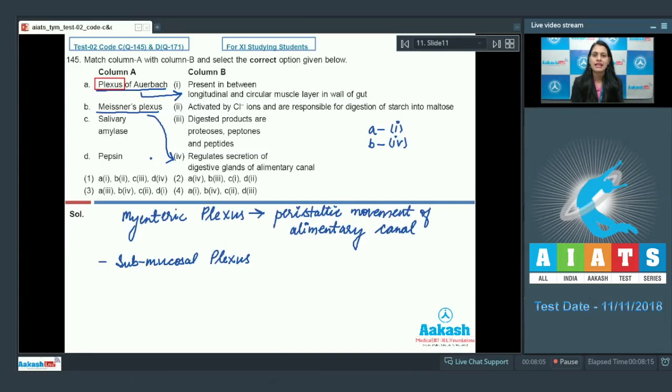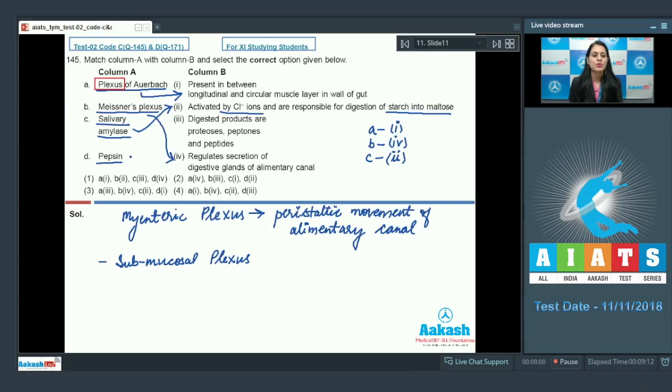The next option given in column A is salivary amylase. Amylase is an enzyme which is activated in the presence of chloride ions. The salivary amylase, which is secreted from salivary glands, is activated by chloride ions and is responsible for digestion of starch into maltose. So C in column A goes with 2 in column B. Our last option given in column A is pepsin.